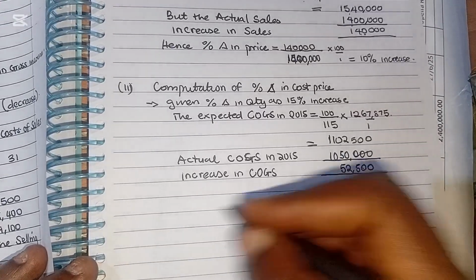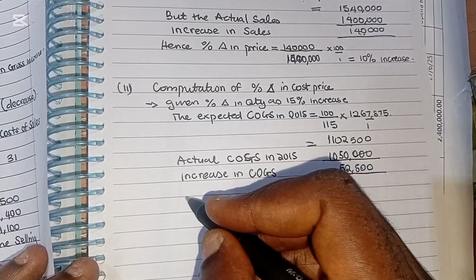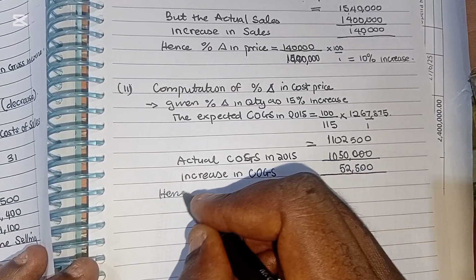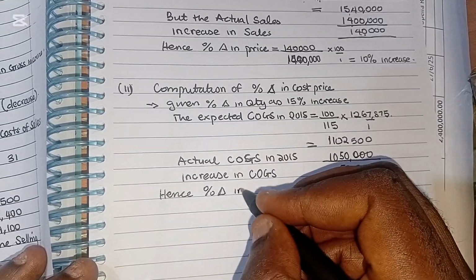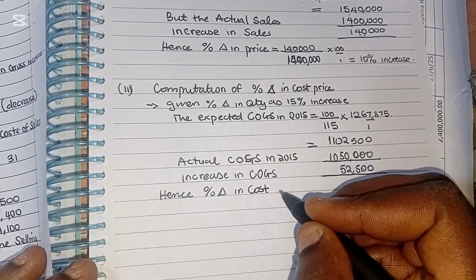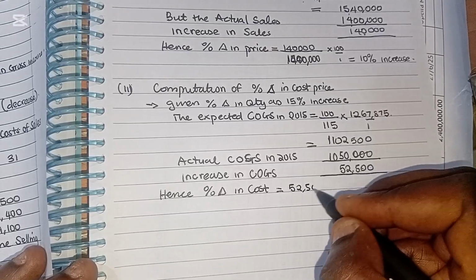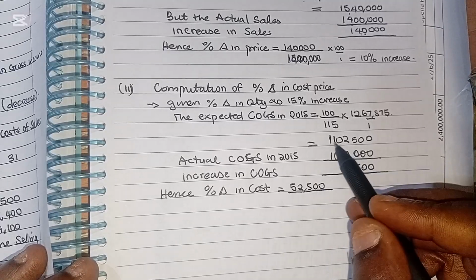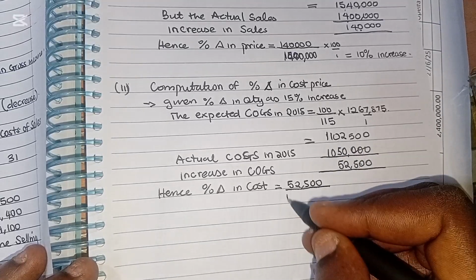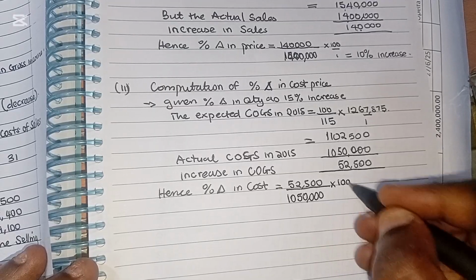All right. Now you need to express this as a percentage. Because it's on cost of goods sold, it will now be, hence, percentage change in costs is nothing but 5,500 divided by this figure, that's 105, times 100 all over 1.